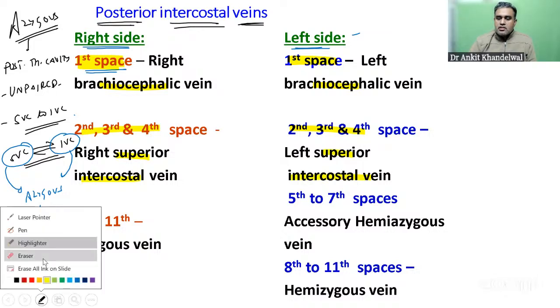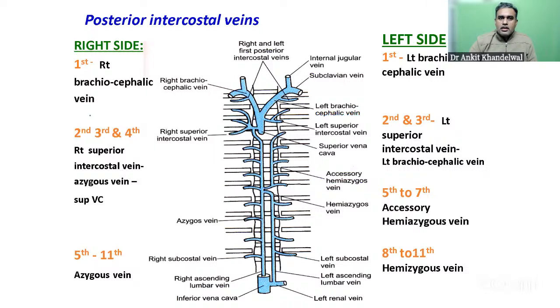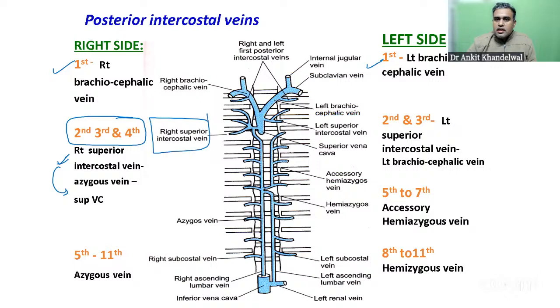What actually happens is that on the right side, this right superior intercostal vein, which is draining the right second, third, fourth space, if I show you the diagram over here, the first part is clear. The second part, on the right side, the second, third, fourth intercostal veins, which are forming this, they will drain into azygous vein. Here you can see it is draining into the azygous vein. This over here is AV, that is azygous vein.